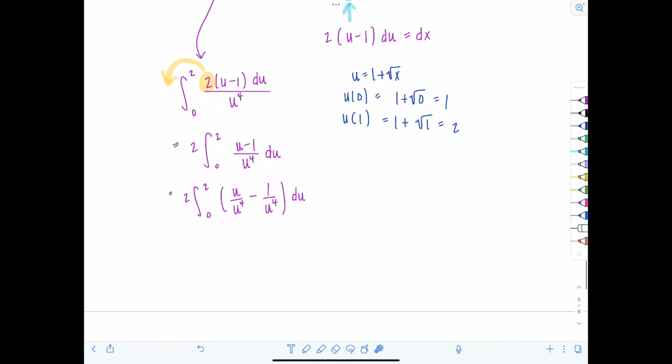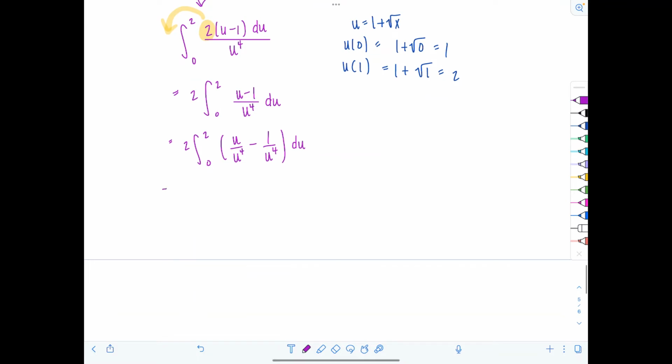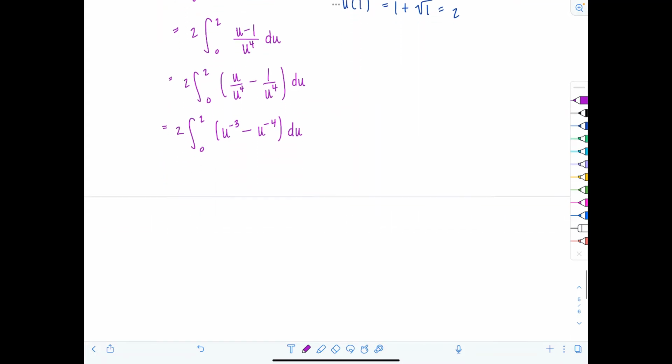Good, so now let's rewrite everything. We have 2 times the integral from 1 to 2 of u over u to the 4th, that's going to be u to the negative 3rd, minus u to the negative 4th du. Ooh, so fun. Okay. So now we're going to integrate, add 1 to each exponent and divide by the new exponent.